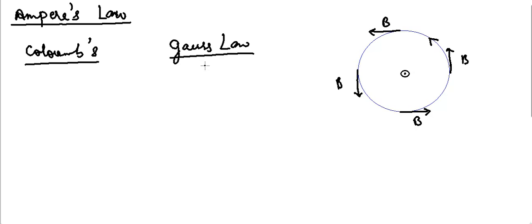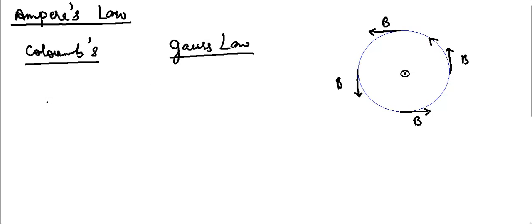Coulomb's law and Gauss law tell us the same thing in different ways, and Gauss law helps us use the power of symmetry to solve some complicated problems in an easier manner.